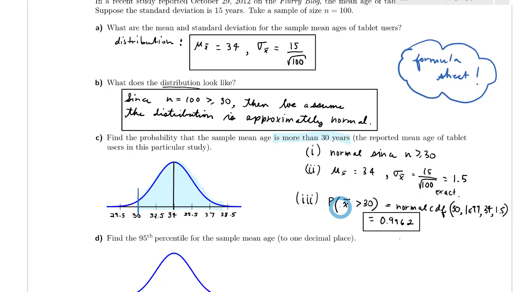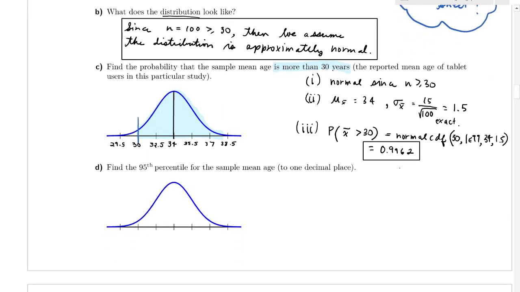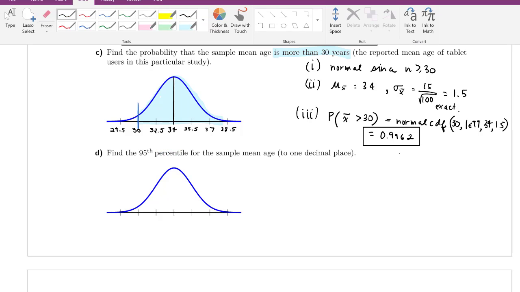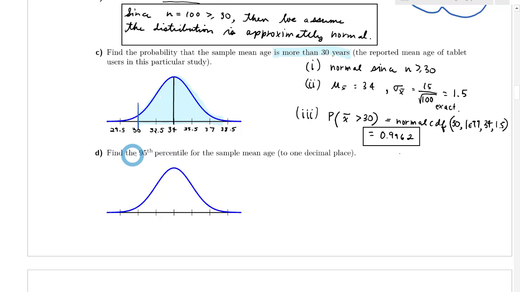Okay, so let's go ahead and go down to part D, our last example, which I like because it's a little different. So the 95th percentile, right? Find the 95th percentile for the sample mean age. And now I'm going to work my way backwards, right? We're going to use those techniques from the previous chapter. And we notice that they're not giving us any sample mean or any age.